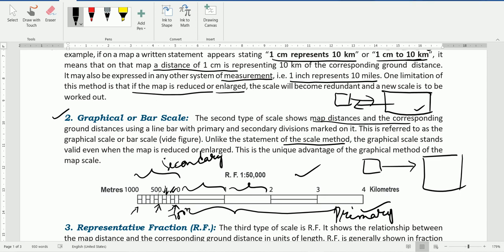When the map is reduced using a Xerox machine, this scale also will be shortened, so it remains valid even if it is reduced or enlarged. This is an important advantage of the graphical scale. Remember, the graphical scale stays valid even when the map is reduced or enlarged.